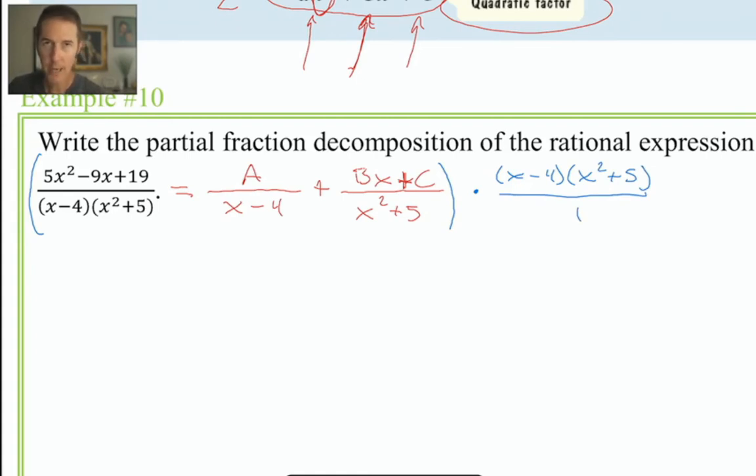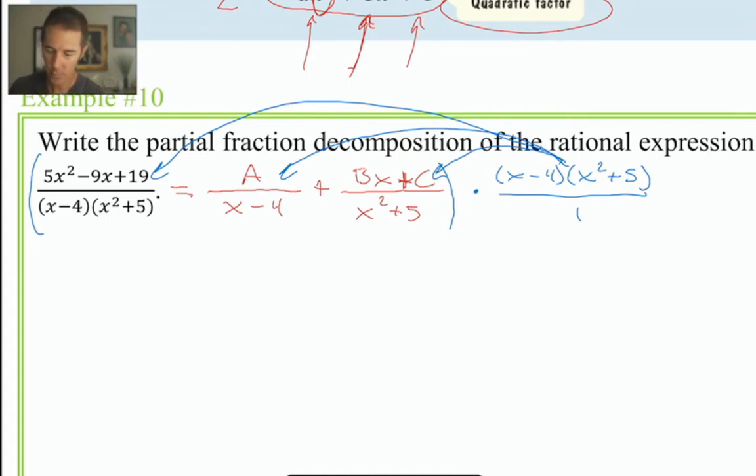Now, I'm not going to write out as much this time as I did last time. As I multiply this into here, you could write both of those factors into that numerator, and multiply this numerator by both of those factors, and multiply this numerator by both of those factors. I'm going to do that multiplication in my head, dropping those into each numerator, and I'm going to reduce all in my head.